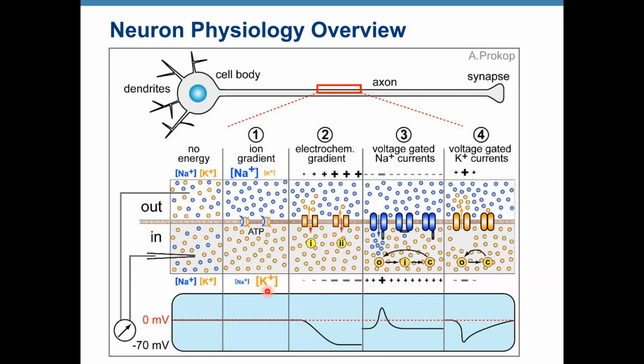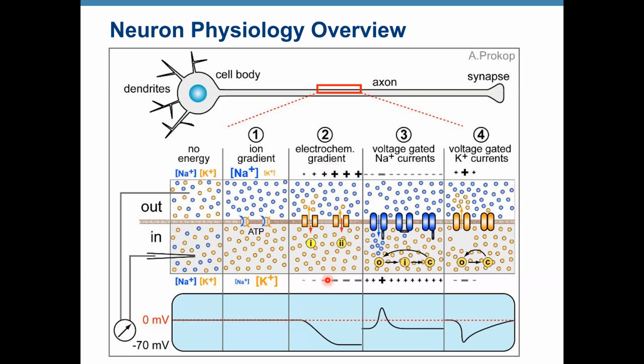But potassium doesn't reach its equilibrium. Why? Because potassium can move out and in. So potassium moves out because of the chemical gradient, but now some potassium starts moving back in, right?